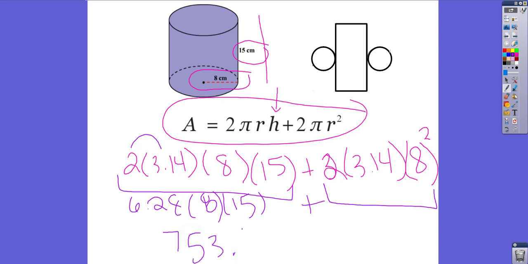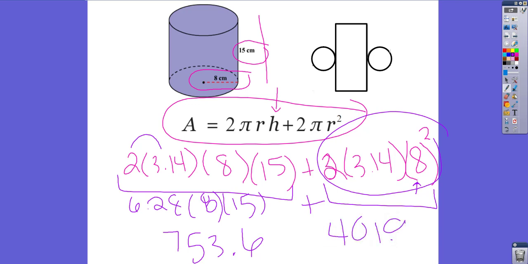The next step will be over here. Do not forget that 8 squared means you're squaring that number by itself. So go ahead and solve this entire side, please. And you should have gotten 401.92.